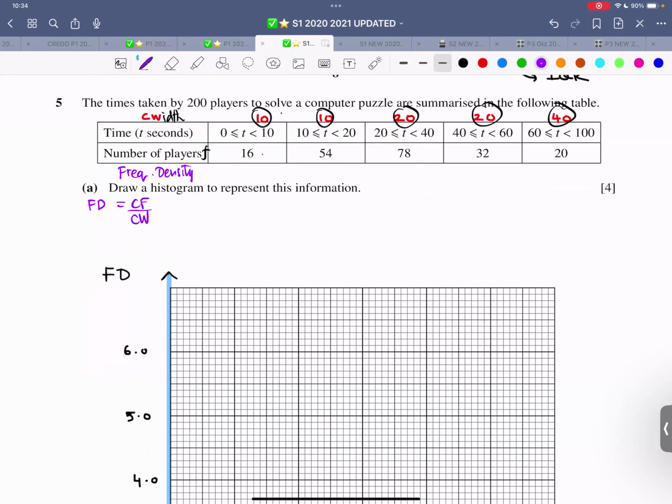So 16 divided by 10, 1.6; 54 divided by 10, 5.4; 78 divided by 20, that is 3.9; 32 over 20, 1.6; 20 over 40, 0.5. So frequency density goes on the vertical axis and the class boundaries go on the horizontal axis.